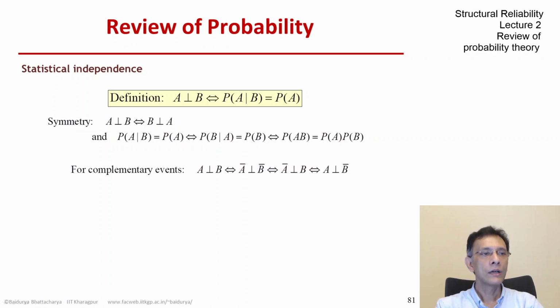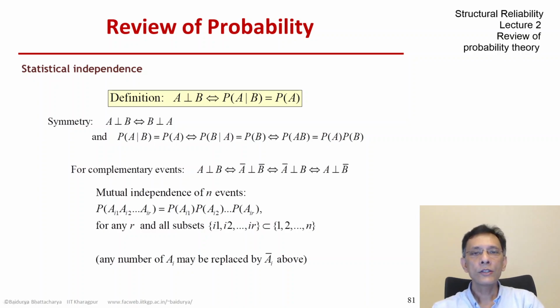When I have complementary events, for example, these would all hold. So all these equations would hold equally well when A is replaced by A complement or B is replaced by B complement.